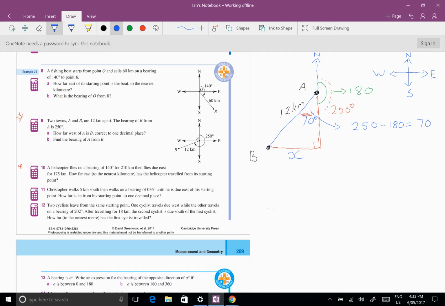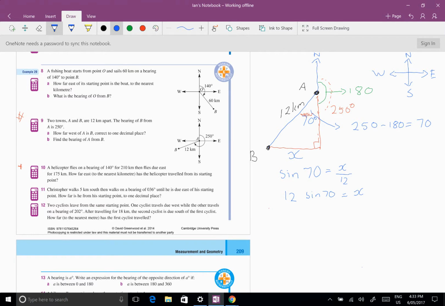And now, looking at the 70, I've got X is opposite, and I've got 12 as hypotenuse. So sine, all right, so I pick my right ratio. Sine 70 equals X over 12. I multiply the 12 across, and I get 12 sine 70 equals X.